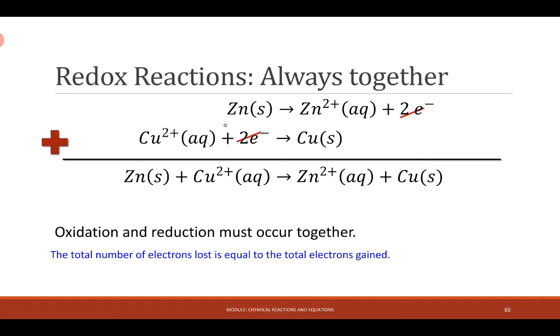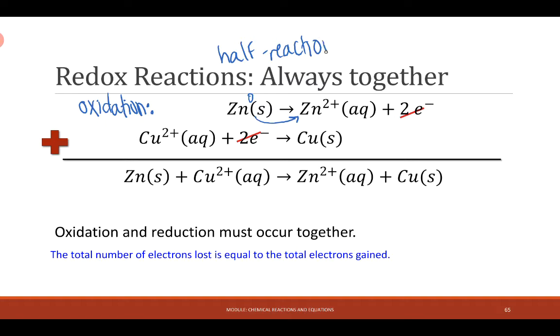As I said before, oxidation and reduction always happen together. If we look at the zinc's charge here, zinc goes from being neutral to being 2 positive. And so this is going up. That is my oxidation reaction. This is what's known as a half reaction.